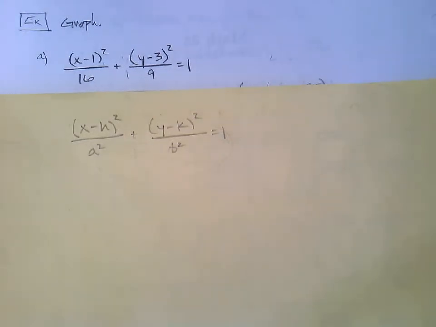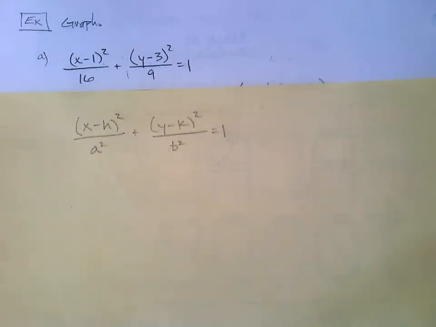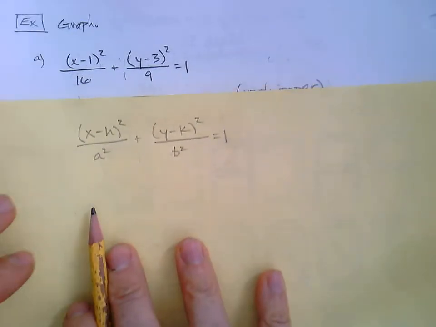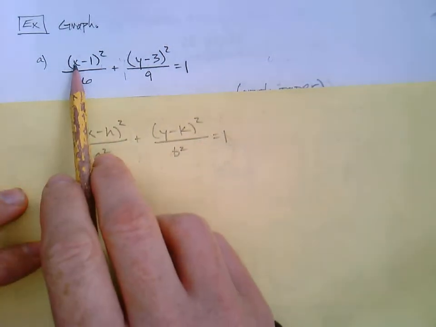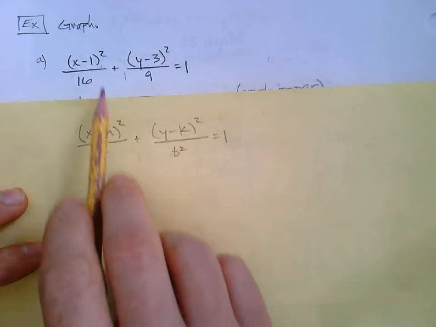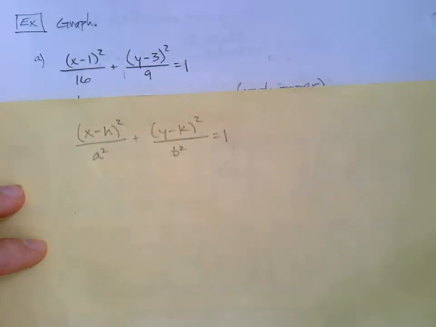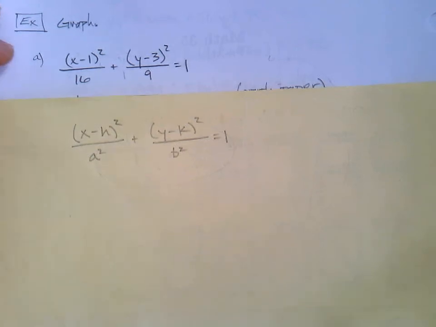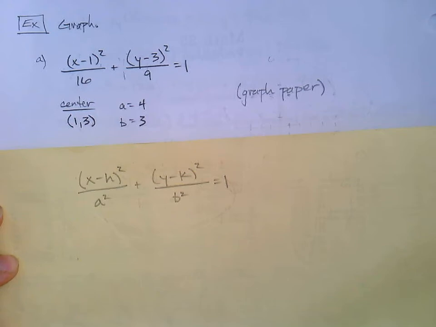So if we are being asked to graph, then we'll need to identify the h, the k, the a, and the b. Let's start with the h and the k. Well, I see in standard form it's x minus h. Here I've got x minus 1. So h must be 1. And in the same way, the k must be 3. So the center of this ellipse is 1, 3.